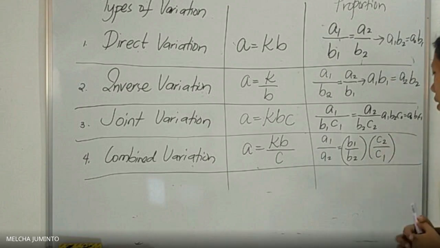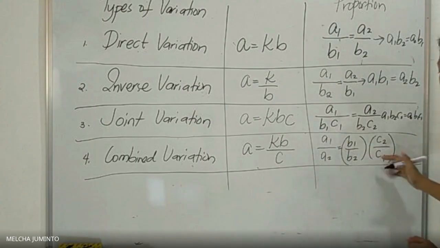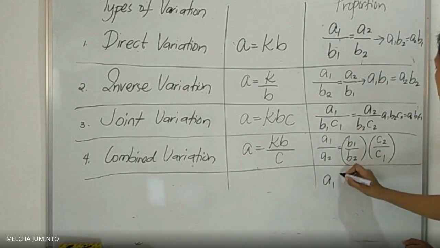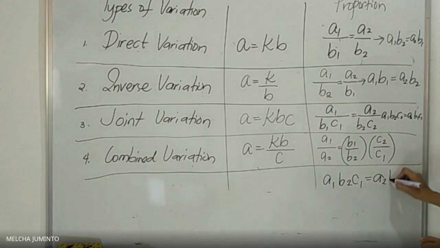And then we can cross multiply to simplify. We will get A sub 1, B sub 2, C sub 1 equals A sub 2, B sub 1, C sub 2. Okay, that's it. That's how we write the proportion.